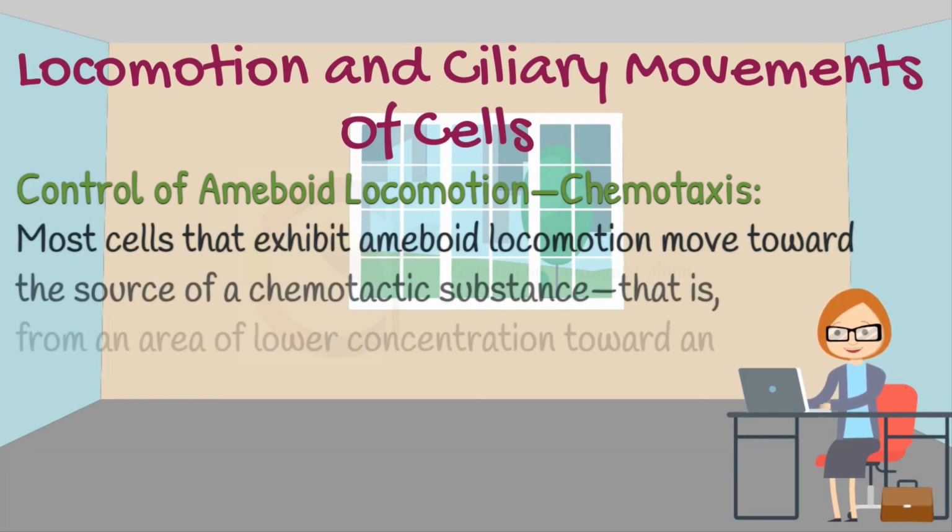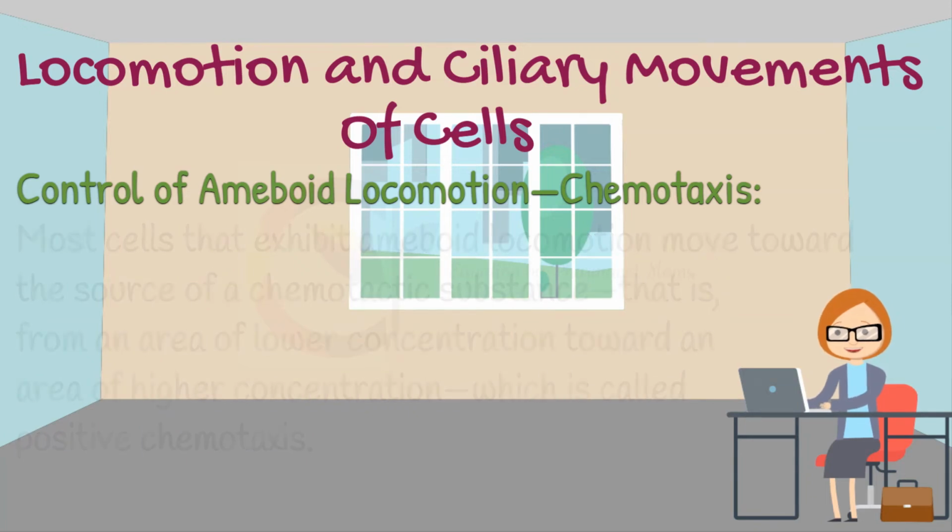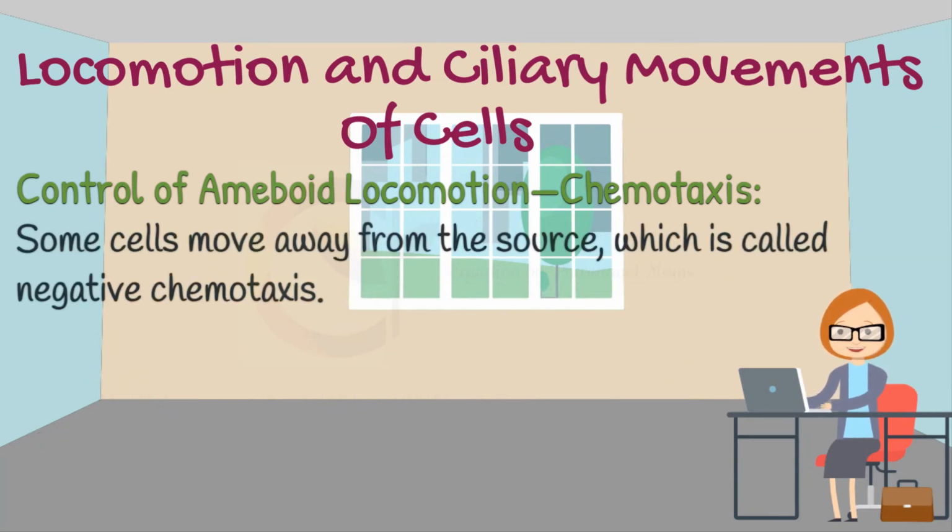Most cells that exhibit amoeboid locomotion move toward the source of a chemotactic substance, that is, from an area of lower concentration toward an area of higher concentration, which is called positive chemotaxis. Some cells move away from the source, which is called negative chemotaxis.